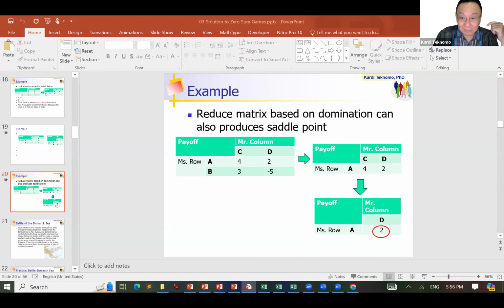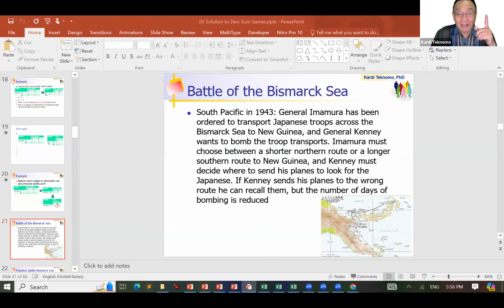So this is the real story during World War II. This is called the Battle of the Bismarck Sea. I got the map here. This is Papua New Guinea now.